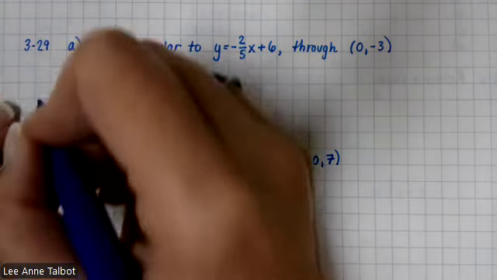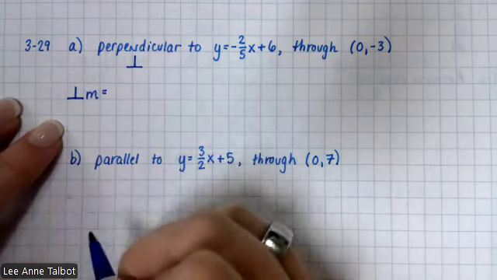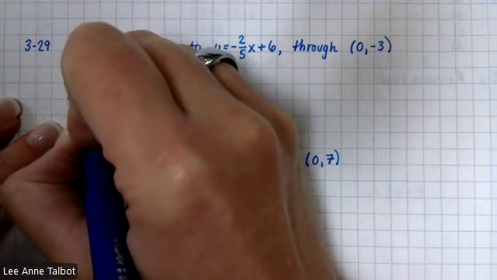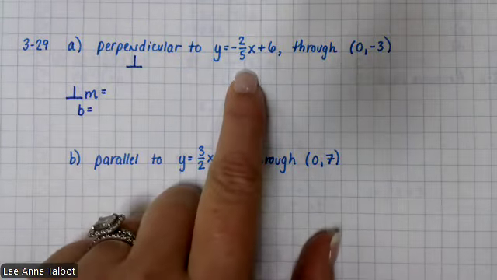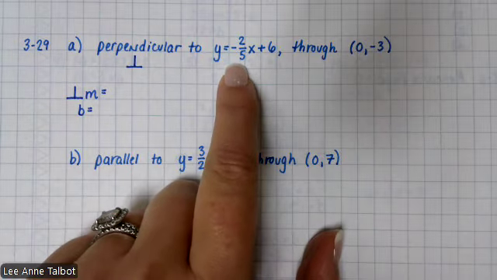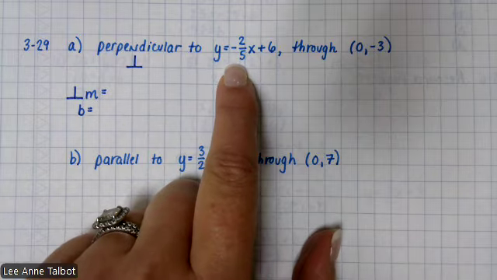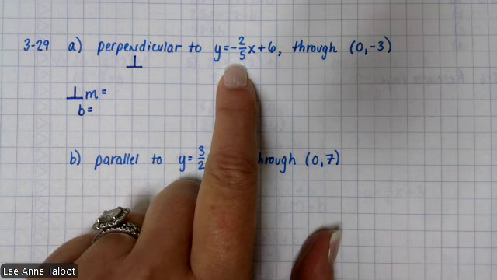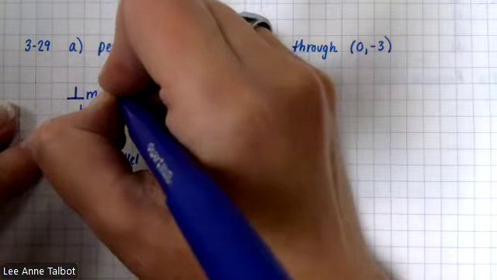Okay, so what we're going to do is find our perpendicular slope and B. Okay, perpendicular means opposite reciprocal, which means I have to flip this and change the sign. What is the opposite reciprocal of negative 2/5? Positive what? 5/2.